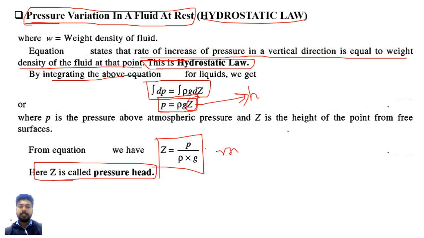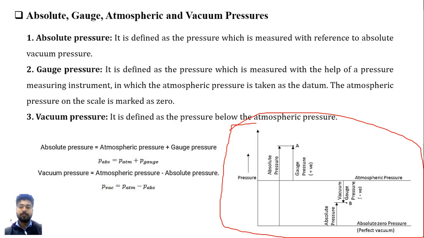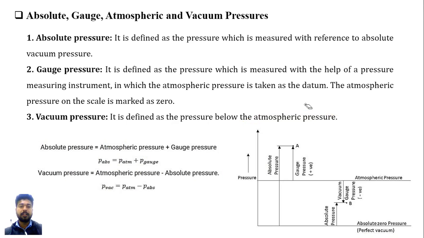So this was all about the hydrostatic law, and our next topic is the different types of pressures. You have to remember this diagram. How to remember it? Firstly, draw one line. This is your P absolute line, which I am writing as P suffix AB.